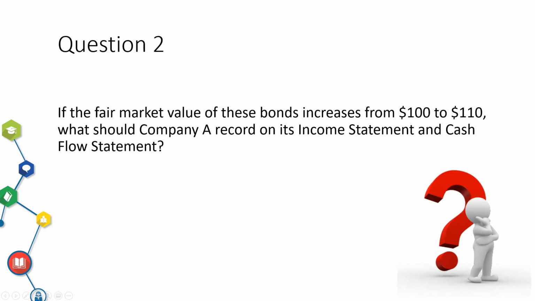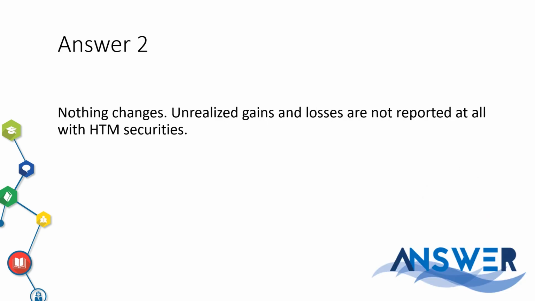Question 2. If the fair market value of these bonds increases from $100 to $110, what should Company A record on its income statement and cash flow statement? Pause this video for 1 minute to answer. The answer is nothing changes.